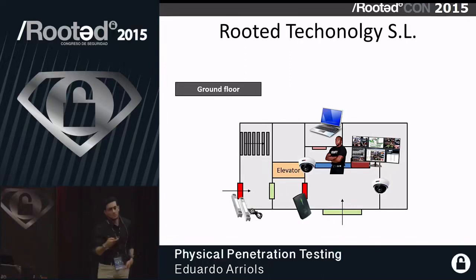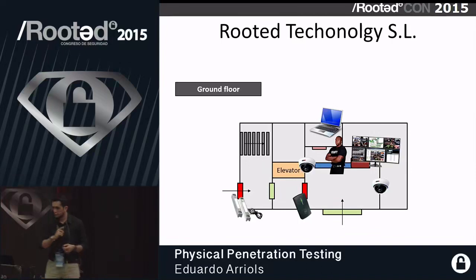And then we have a laptop. And this is the security guard's laptop. Our objective will be just to break in at weekends. The thing is that this is closed at weekends, and then this security guard on the weekend shift is just watching a movie. And this is an access control.